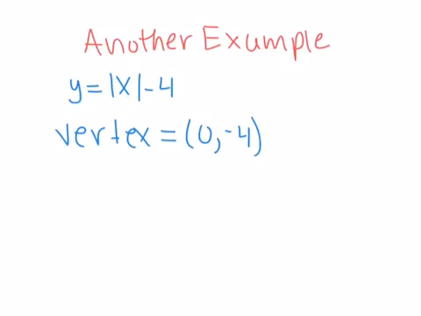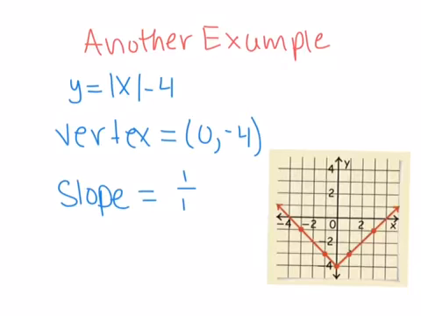The slope will be 1/1 because there are no numbers shown. On the graph, you can see that the slope is 1/1 going up on the right. And on the left, when you graph it, it is -1/1 going up.